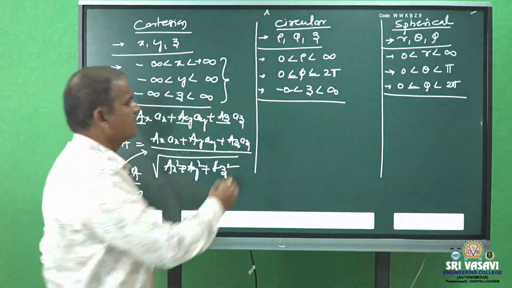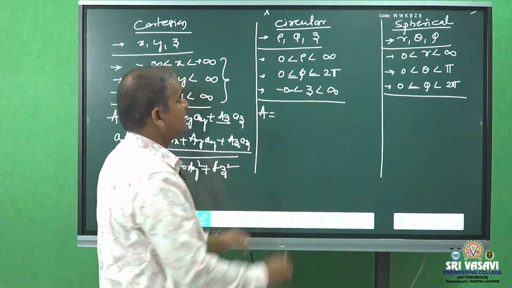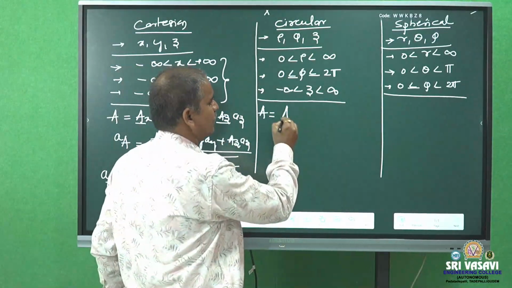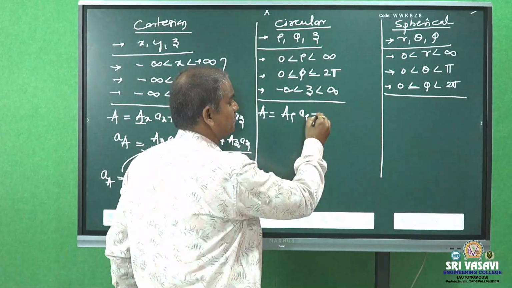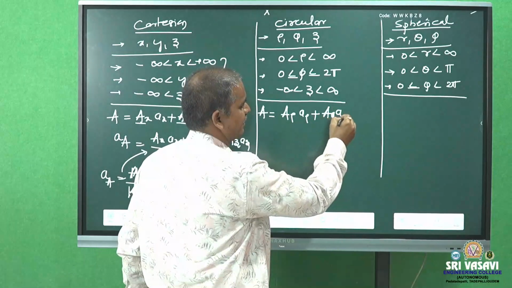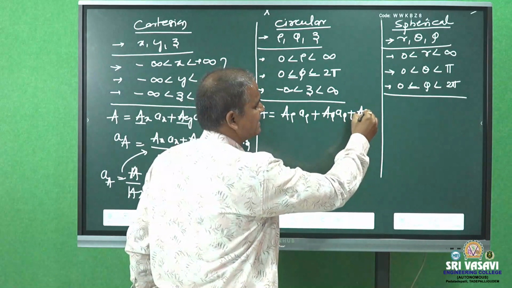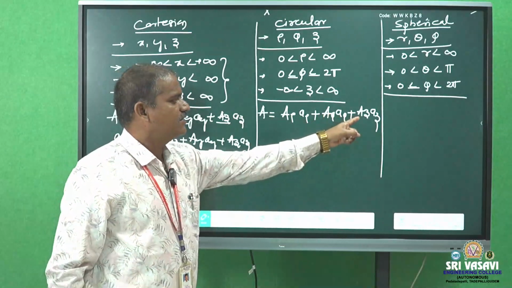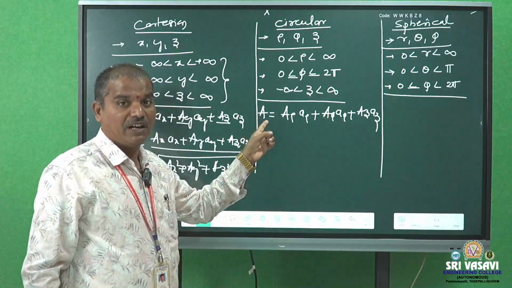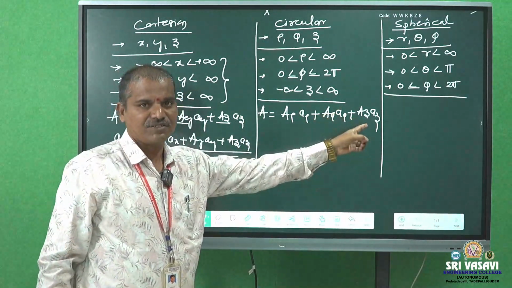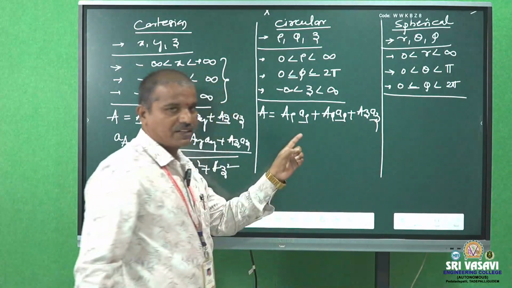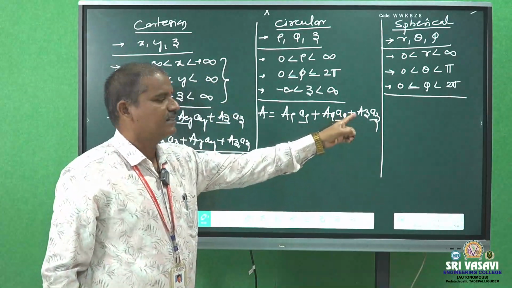In similar fashion, now we are talking about circular. Circular variables are rho, phi, z. So A rho plus A phi plus az, where A rho, A phi, Az are called components of A along rho, phi, z direction, where unit vectors a rho, a phi, az are called unit vectors along rho, phi, z direction.